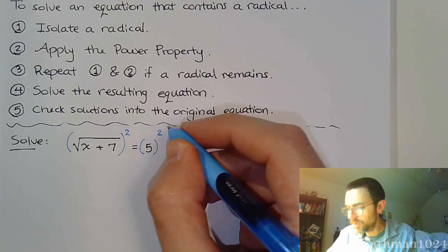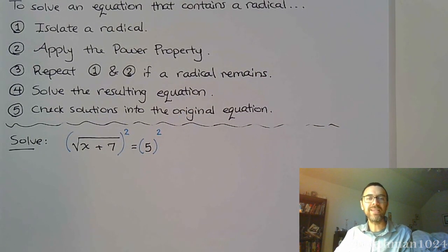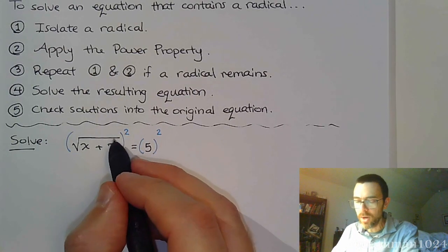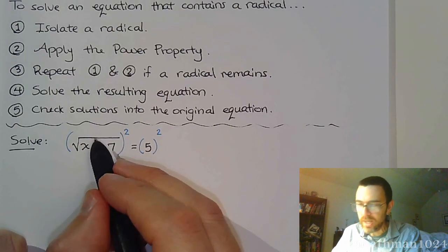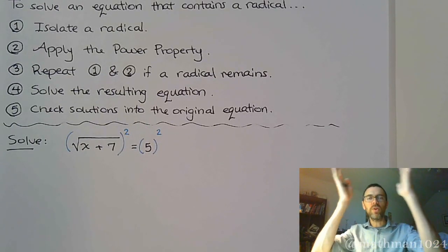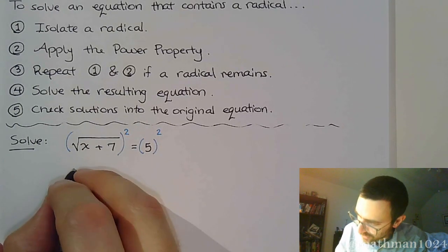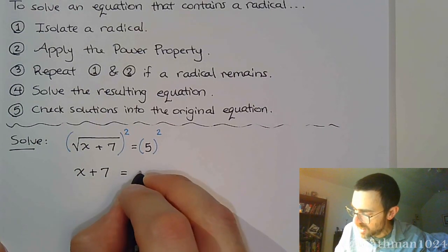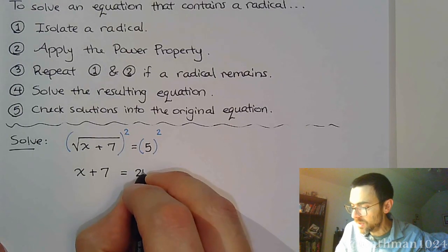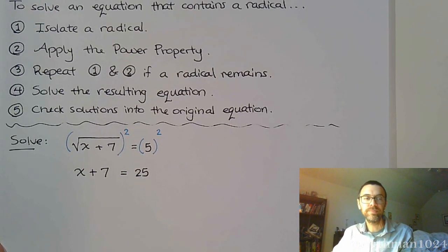Remember, whatever power you use on one side, you have to use on the other side. Maintain balance in your equation. When you square the square root, you're not even going to touch the radicand. The square hits the square root, and these guys just are inverses. They dissolve away, leaving us with what's on the inside, x plus 7, and 5 squared, of course, is 25.